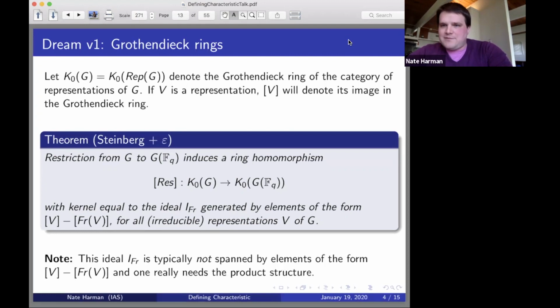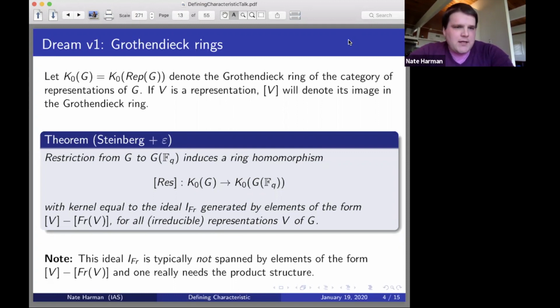So it's not the case that we can just quotient by the subspace of the Grothendieck group generated by these differences. We really need to take an ideal. And this fact that you actually need to do this, you can see easily for like GL1, which is maybe not actually in the setup I have here, but you can check it by hand there, that you really need the product structure.